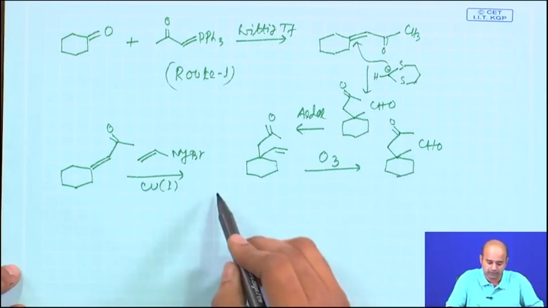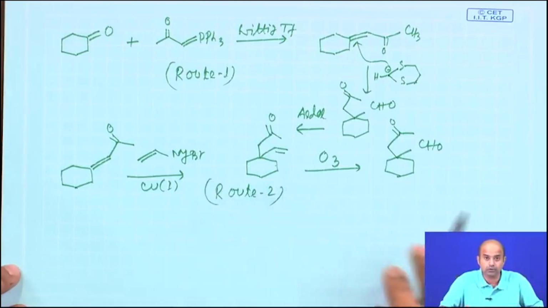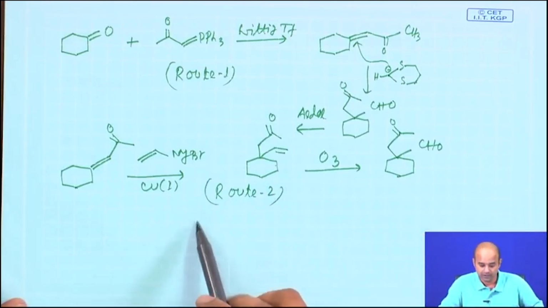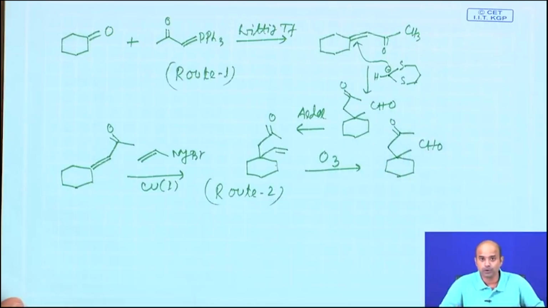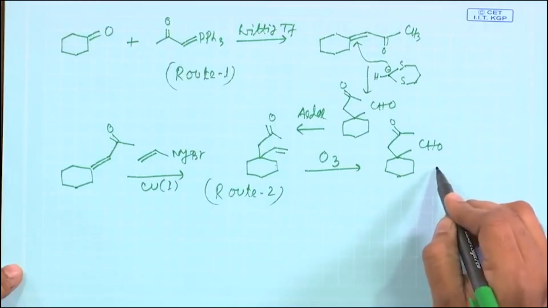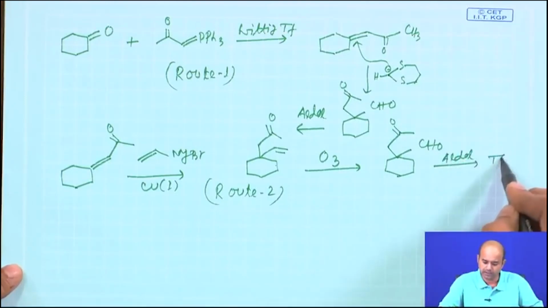So, both ways are quite possible, and depending on the resources. If your lab has vinyl Grignard, you can do this one. If your lab has the Umpolung reagent, then do that. Proper resources at the proper time is essential, and you need to take care of those aspects when you design a pathway. You see what chemicals are available in your lab, then you design the pathway. Both pathways are quite useful and will give you the target molecule through an aldol dehydration.